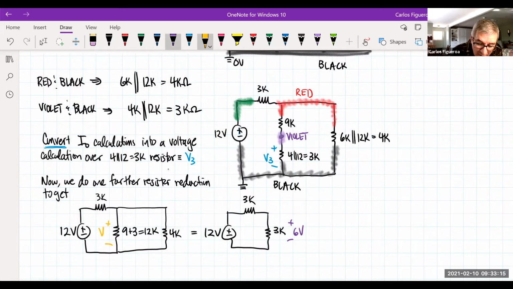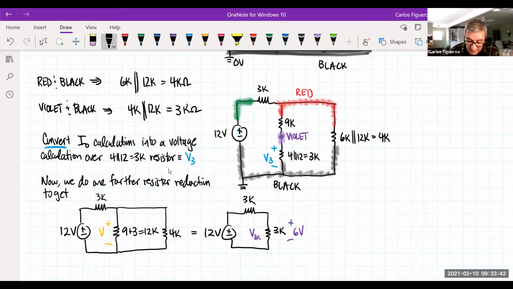And the voltage across this 3K, as I reduce it one more time, must divide that 12 volts into 6 volts across each of the resistors. Could I reduce this more by making this one 6K resistor? Yes, but we don't want to do that.